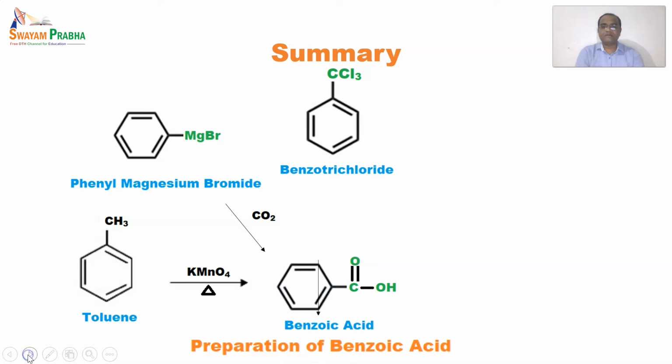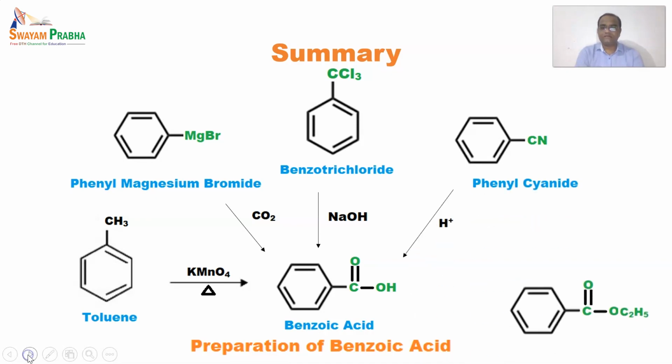After that, benzotrichloride is hydrolyzed by NaOH, forming benzoic acid, and this hydrolysis by NaOH is followed by acid hydrolysis.